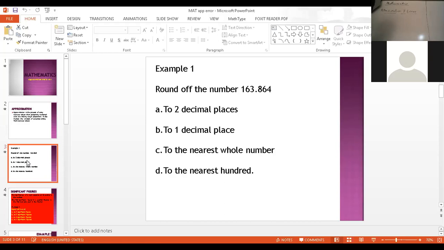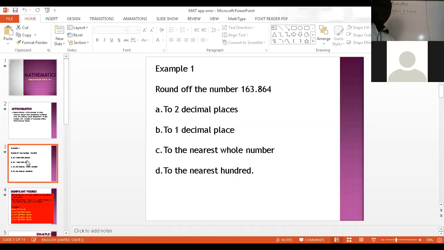One thing you should know: any number from 1 to 4 inclusive, you round it down, that is, count it as 0. Then numbers 5, 6, 7, 8, 9, you round it up, you turn it to 1, and you add it to the next number in front of it.